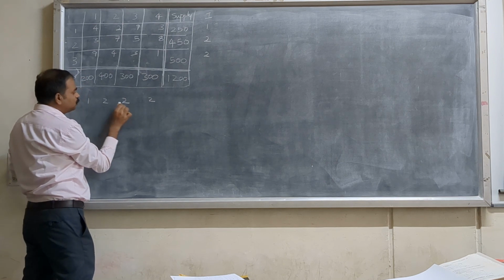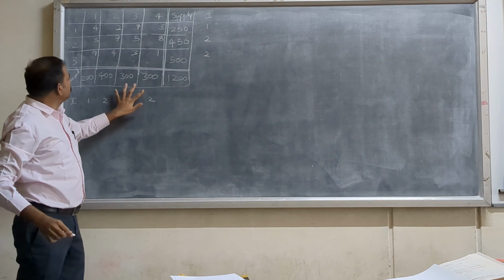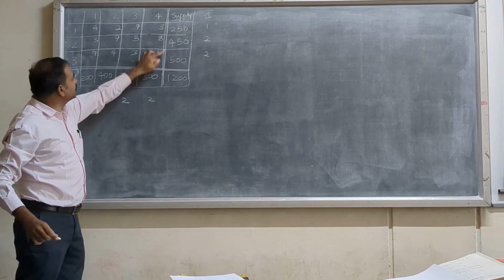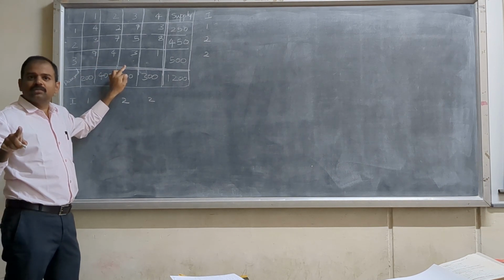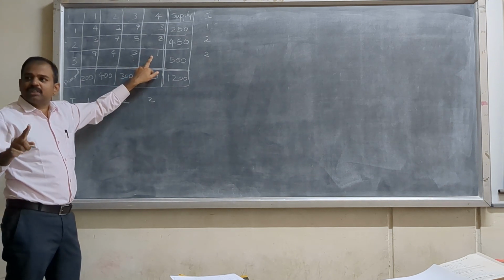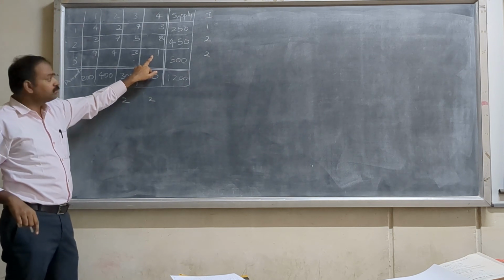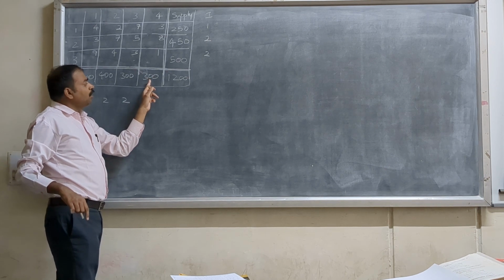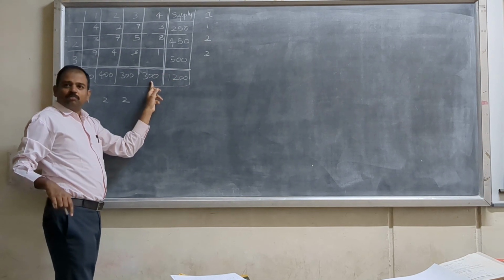The highest penalty is 2, in these three columns and these two rows, totally these 6 cells. Among these cells, you make your first allocation in the cell with the least cost among the maximum penalties. As I have already told you, you always allot the least of the row total and the column total.